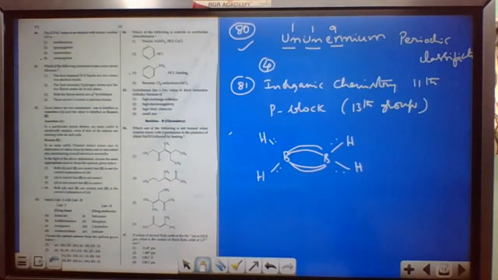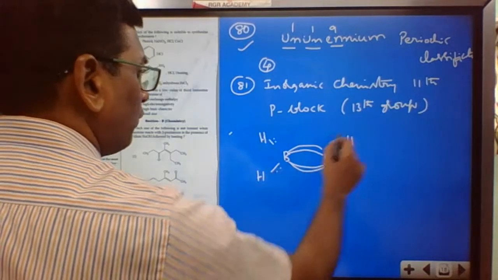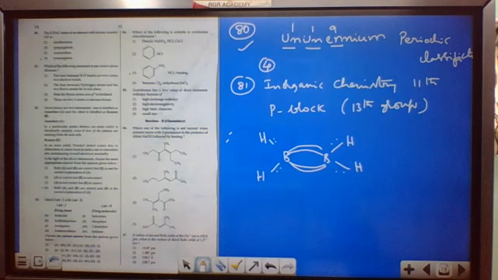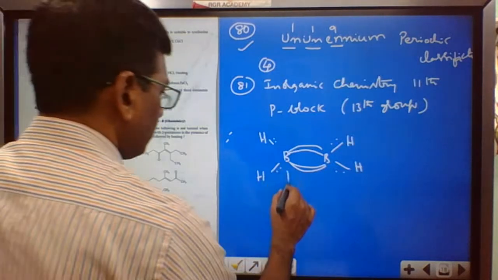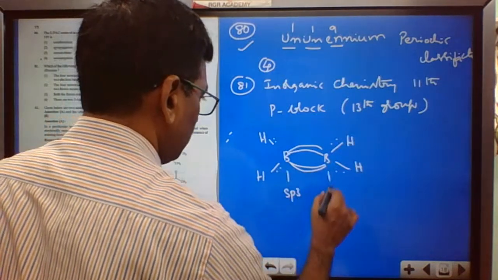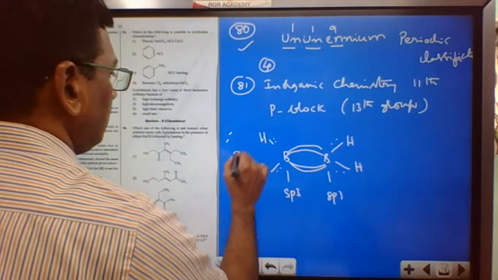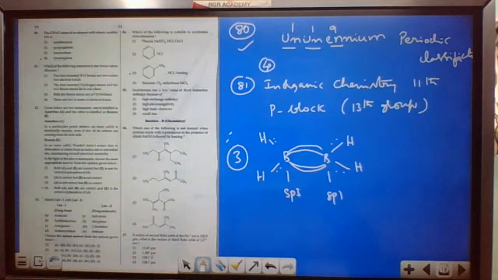The 4 terminal hydrogen atoms and the 2 boron atoms are in one plane, that is also correct. Both the boron atoms are sp2 hybridized, that is wrong. This is sp3, this is also sp3. So the answer is 3. There are 2 3-center 2 electron bonds, that is correct. So the 81 answer is 3.